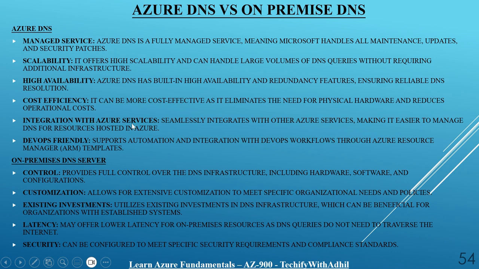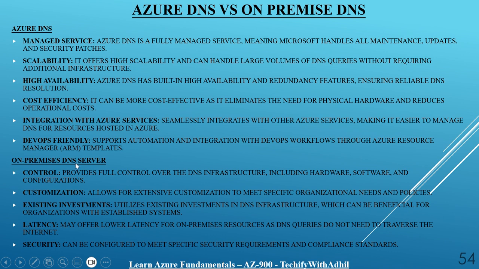Integration with Azure services. Seamless integration with Azure services, making it easy to manage DNS for resources hosted in Azure. DevOps friendly. It supports automation and integration with DevOps workflows through Azure Resource Manager ARM templates. This ARM we will discuss in a separate video.